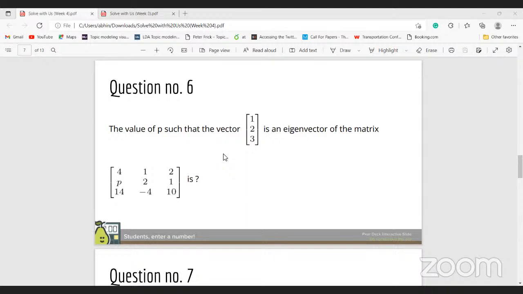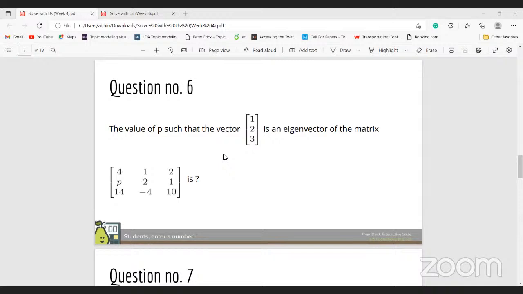Now if you multiply the left side, you'll get 4 plus 2 plus 6, then p plus 4 plus 3, and 14 minus 8 plus 24, equal to lambda times 1, 2, 3.